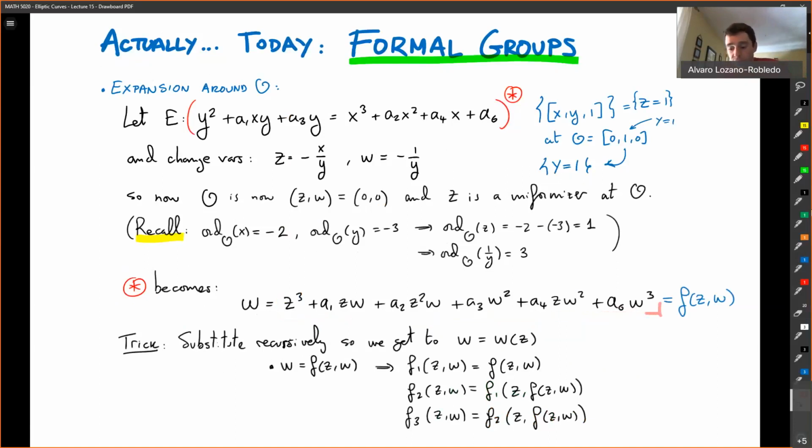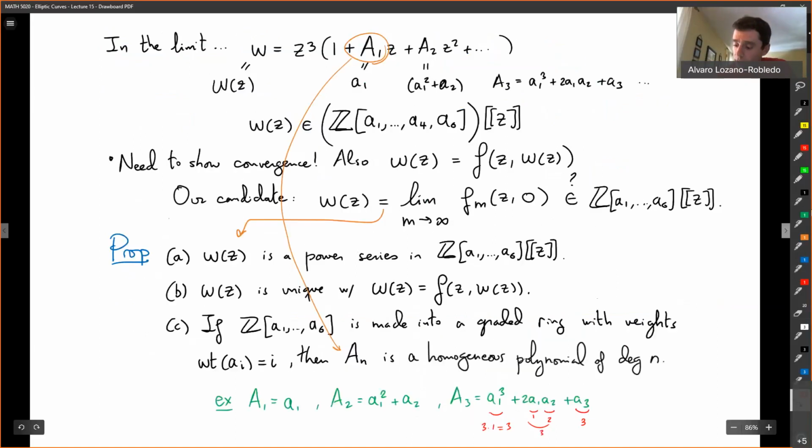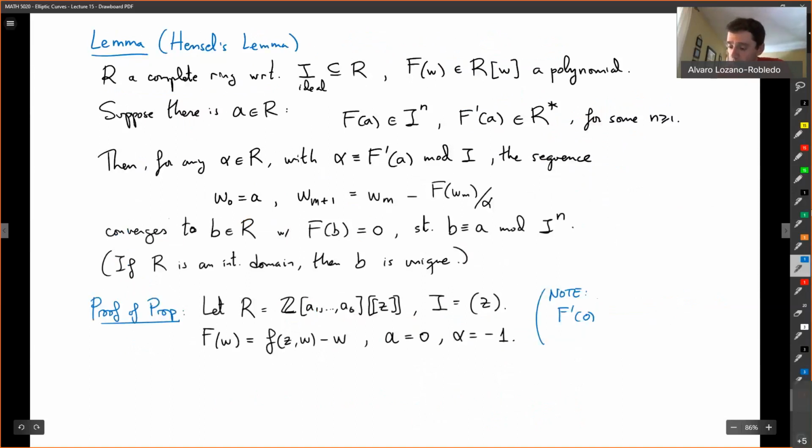If I take the derivative with respect to w and evaluate at 0, then what do I get? F prime of 0 is a1z plus a2z squared minus 1. When you take the derivative with respect to w and evaluate at 0, this is congruent to minus 1 modulo z, which is a unit, right?